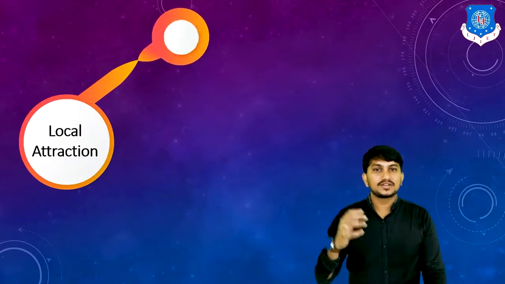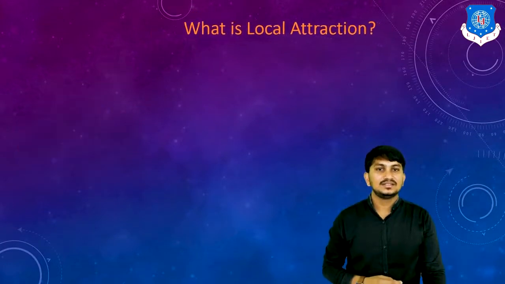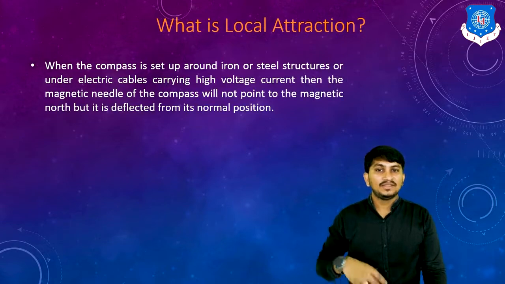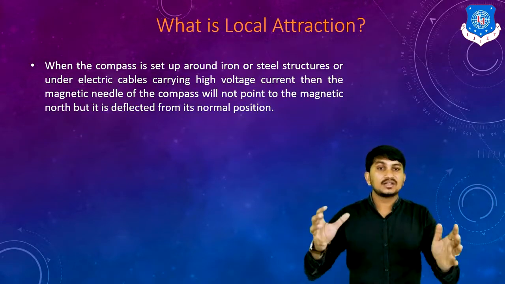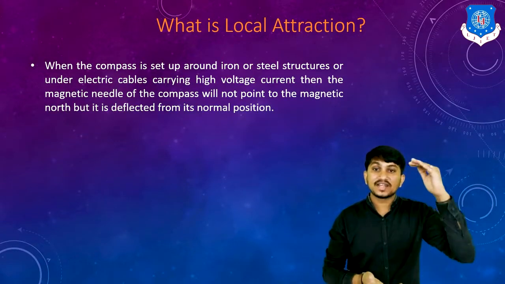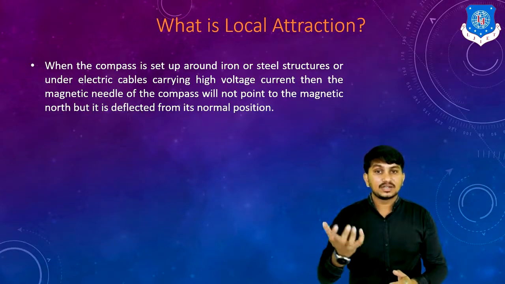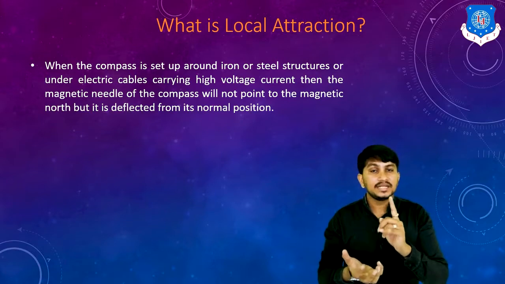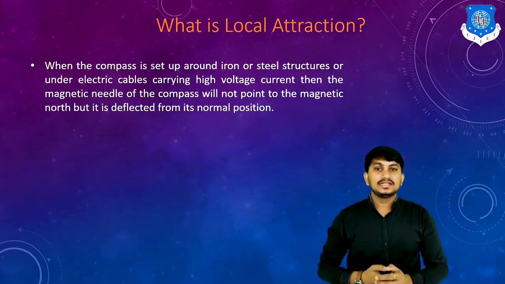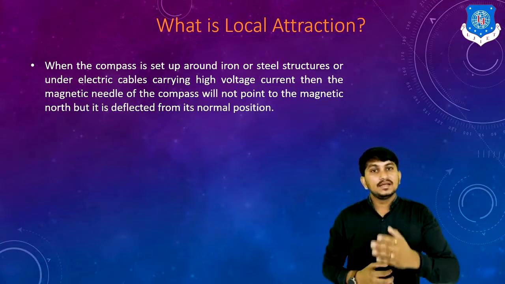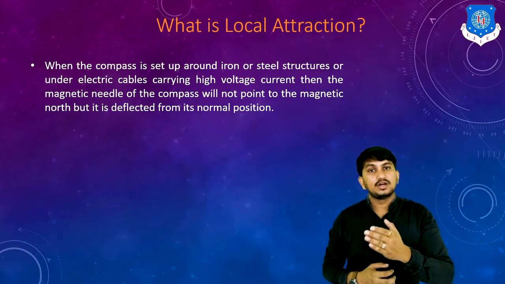So what is local attraction? When the compass is set up around iron or steel structure or under electric cables carrying high voltage, then the magnetic needle of the compass will not point magnetic north, or it is deflected from its normal magnetic north direction.